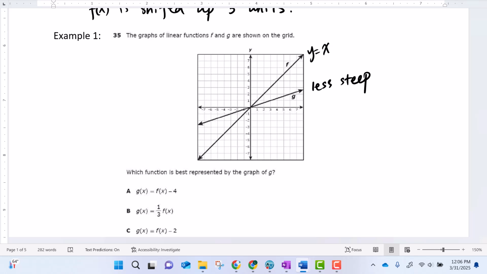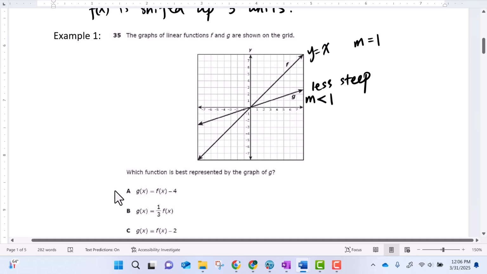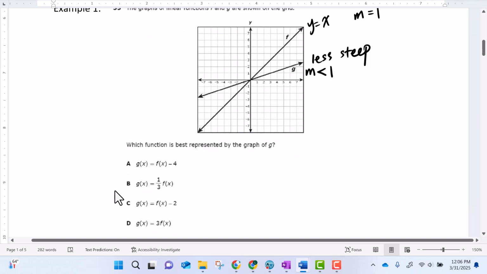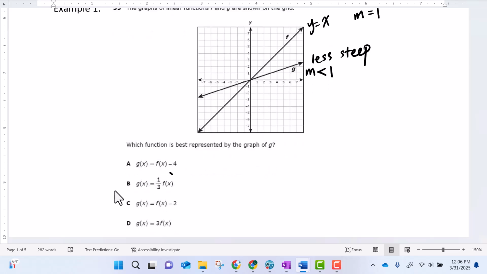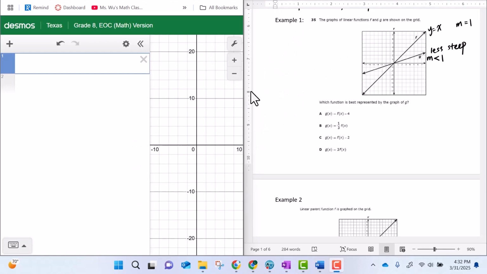In other words, parent function slope is 1. This slope is less than 1. Therefore, answer is B.